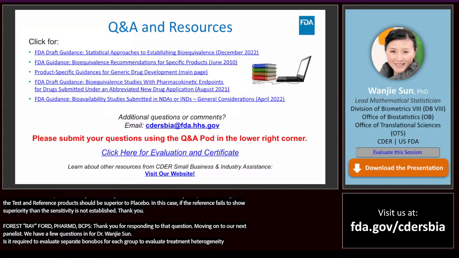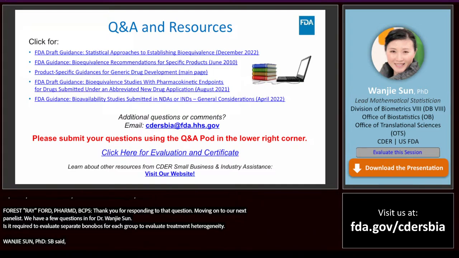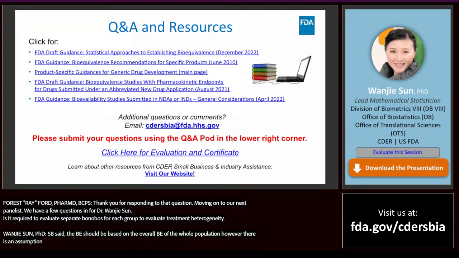As we said, the bioequivalence should be based on the overall bioequivalence test among the whole study population. However, there's an assumption behind this. We're assuming that there is a homogeneous treatment effect across different groups when there are multiple groups in the PK bioequivalence study.